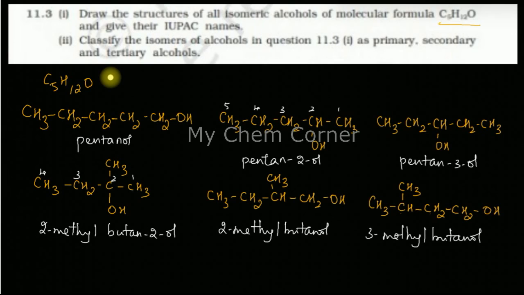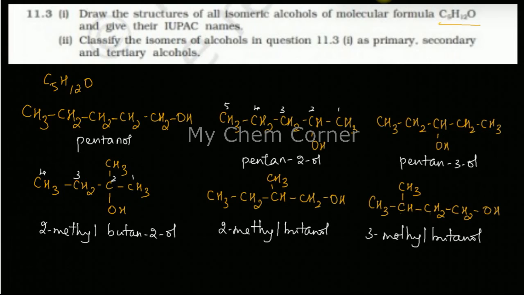Now that solves the first question that says draw the isomeric structures and give the IUPAC naming. Both are done. Now classify the isomers in this particular question as primary, secondary and tertiary alcohol. You need to classify them. Okay, so I'll use a different color ink now. First, you need to only observe the carbon that is bonded to the OH group.